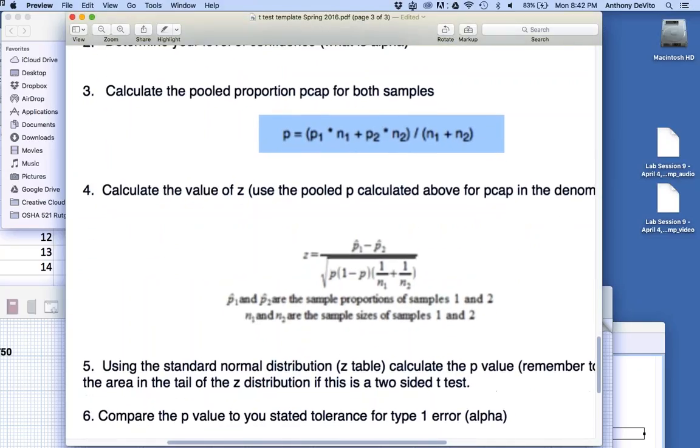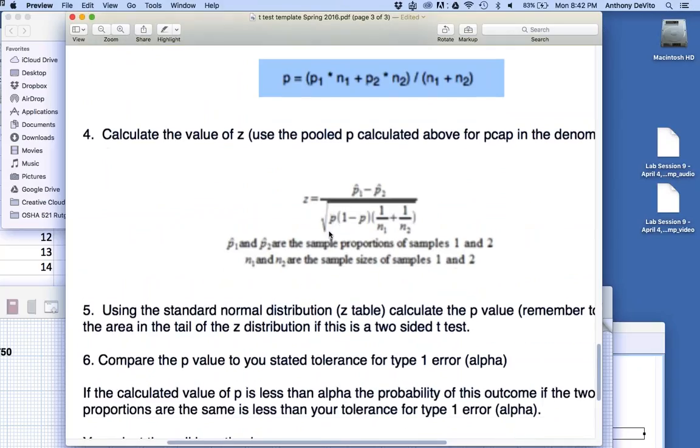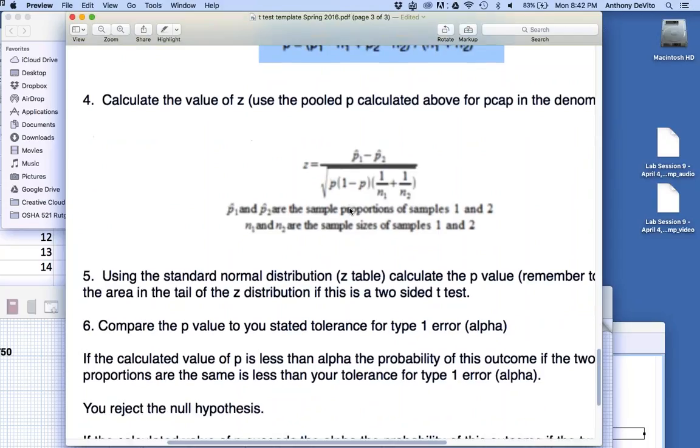Okay, so now let's calculate the value for z. Now we're using z here. How would we calculate it for this test? It would be population 1, 20%, 0.2, minus population 2, 15%, which would be 0.15. So the difference is 0.05 on top. And what's on the bottom? My standard error. How do I calculate it?